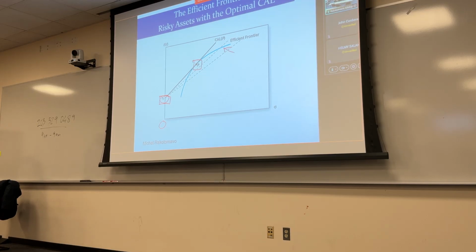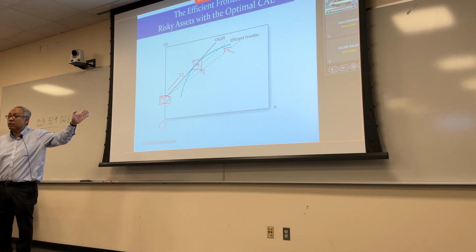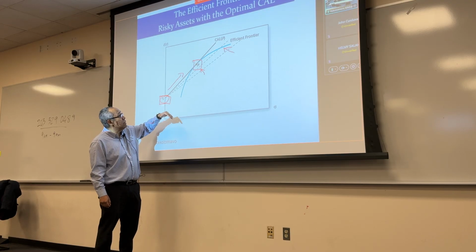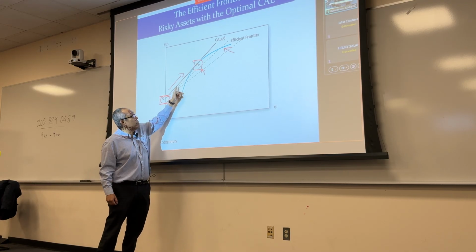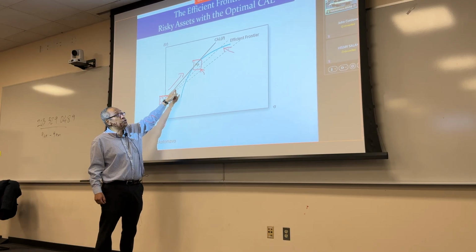Because whenever you combine these two portfolios, depending on if you invest more in the risk-free asset or this P portfolio, you're going to move along this particular line, and you guys see that that particular line is better than the old efficient frontier, right? Why? Because for the same level of return, you always find something that's safer on this straight line.